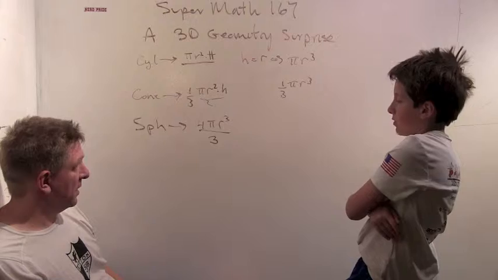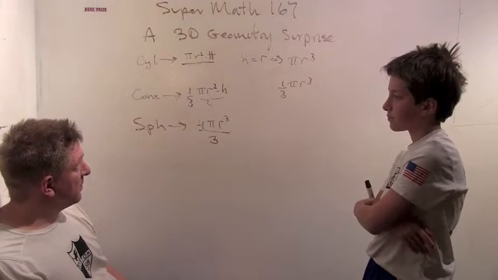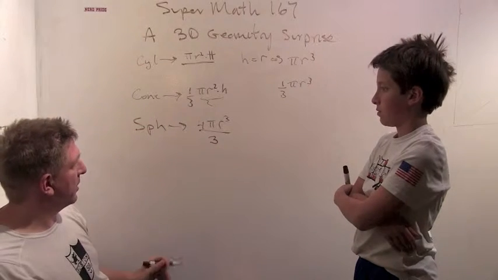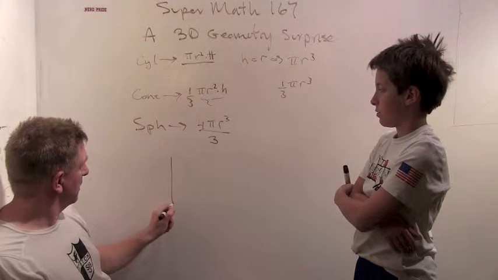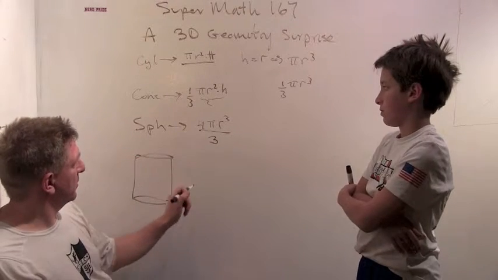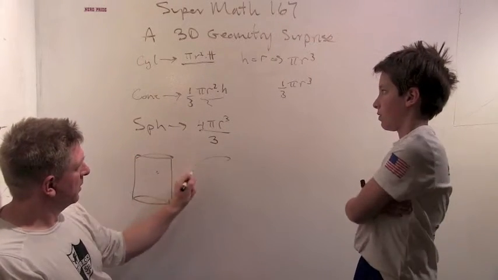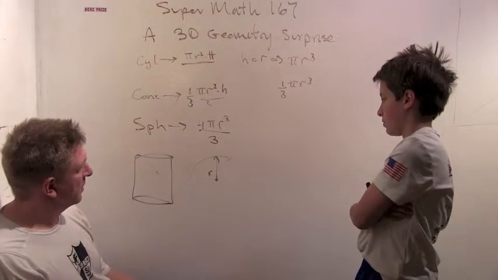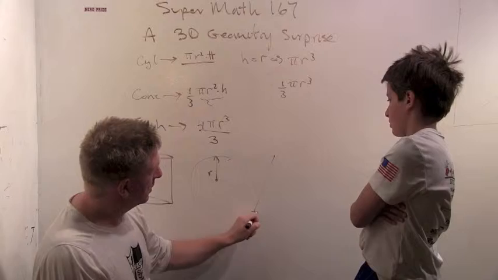An interesting thing happens if we put a cylinder, a cone, and a sphere right next to each other. There's our cylinder. Here's our sphere. There's the radius. And then here's our cone.